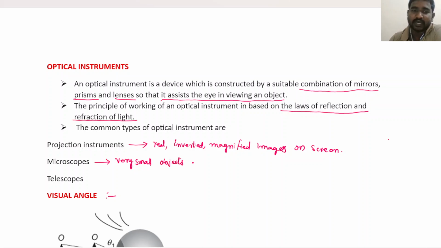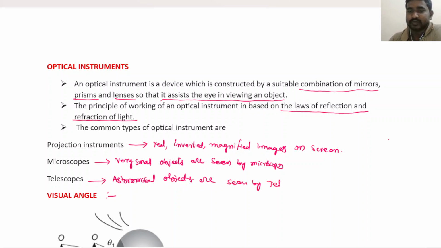Very small objects are seen by microscopes, and telescopes and the like are used to see astronomical objects. Astronomical objects are seen by telescopes.